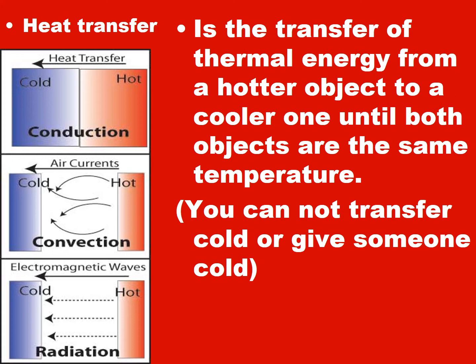This image on the left side of the slide shows the three types of heat transfer, and each image consists of two sides, the hot side and the cold side. Heat transfers by conduction, by convection and by radiation.